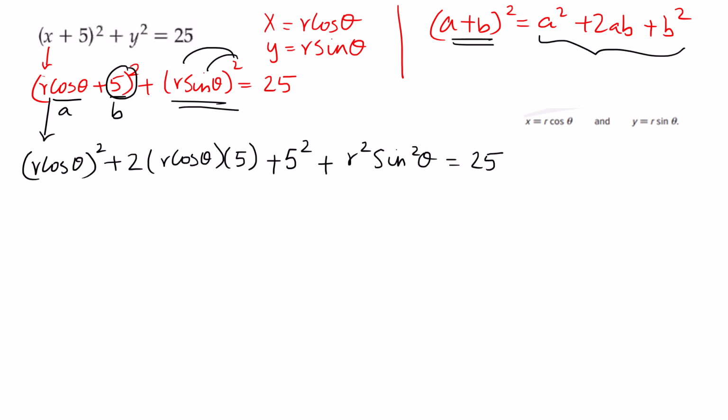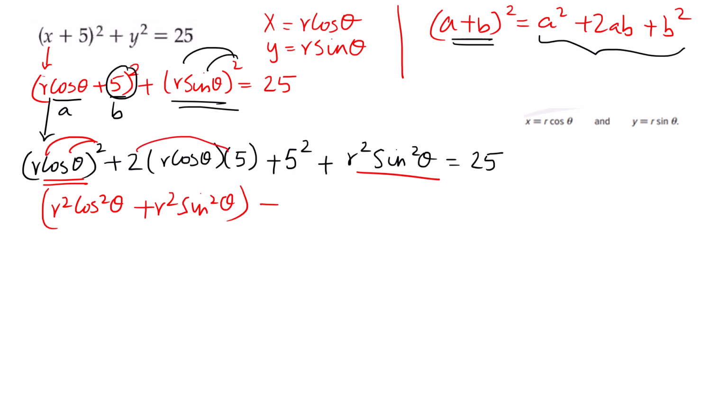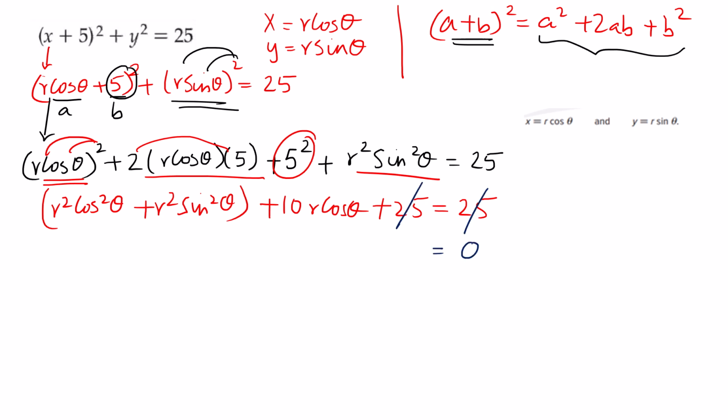Now I open the first term, again I distribute the power, so this becomes r square cos square theta, and I'm going to combine it with this term. Why I'm combining it this way, you'll just get to know in a minute. Now 2 multiplied with 5, that's 10 r cos theta. So this whole term gets multiplied. 5 square is 25, and there's a 25 on the right. So to simplify, I may cancel this, nothing on the right, so it's 0.